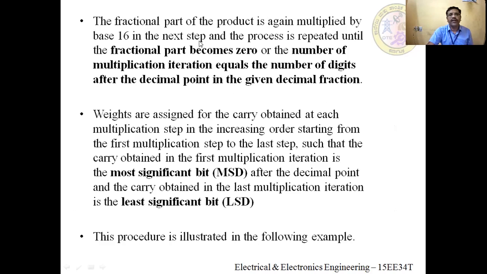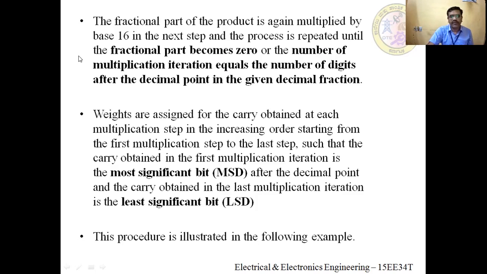In the next step, you take only the fractional part of the previous iteration and multiply by 16. The process is repeated until the fractional part becomes 0 or the number of multiplication iterations equals the number of digits after the decimal point in the given decimal fraction.